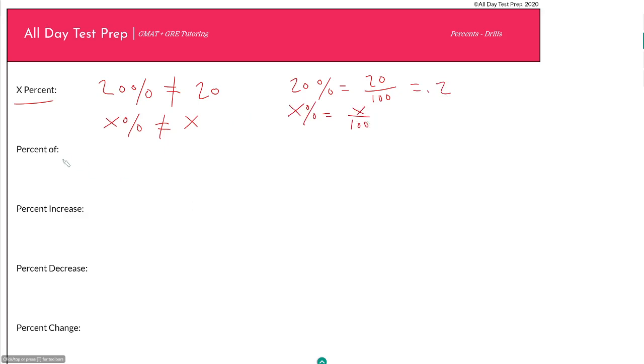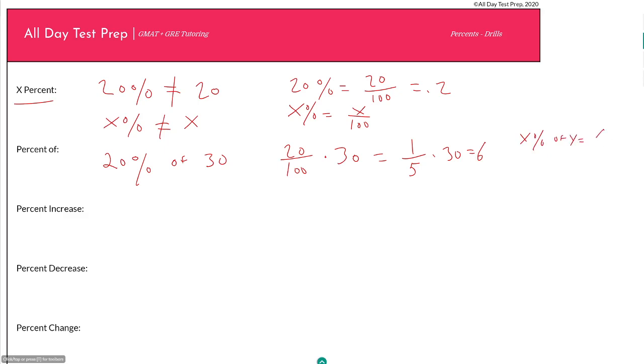What does percent of mean? So if I were to say 20% of 30. So 20%, that means 20 over 100 times, so of means times 30. This would just be 1/5 times 30, which is equal to 30 over 5, which is 6. And so this also means if I were to say, what is X% of Y?